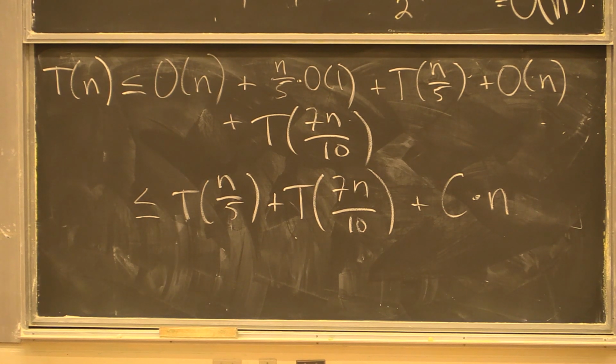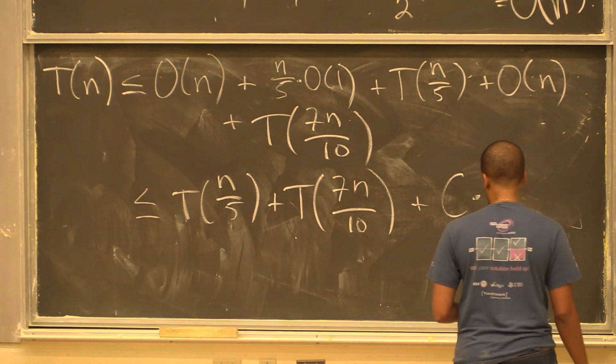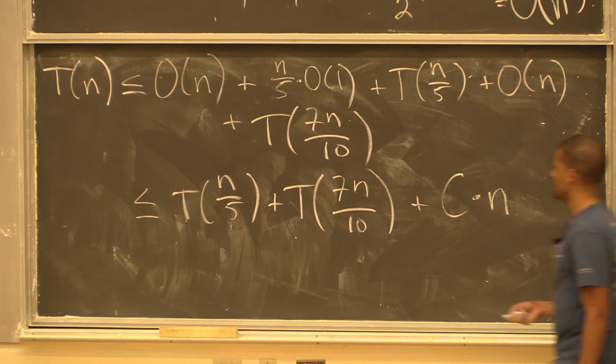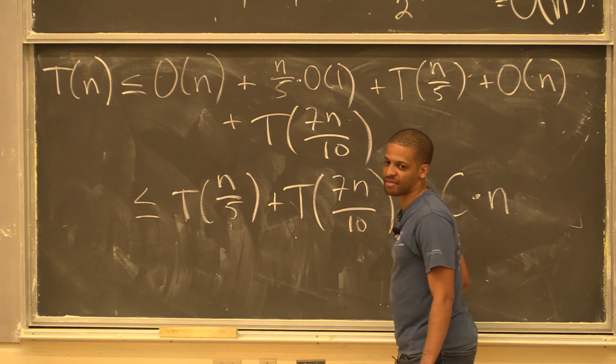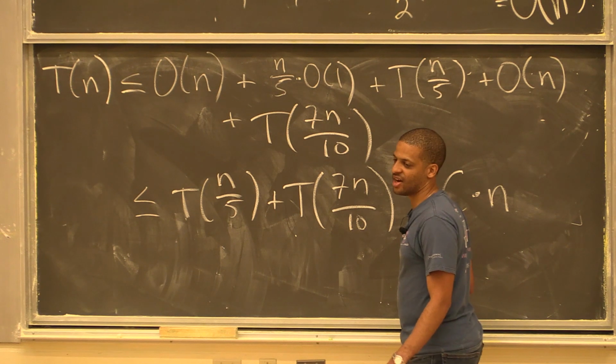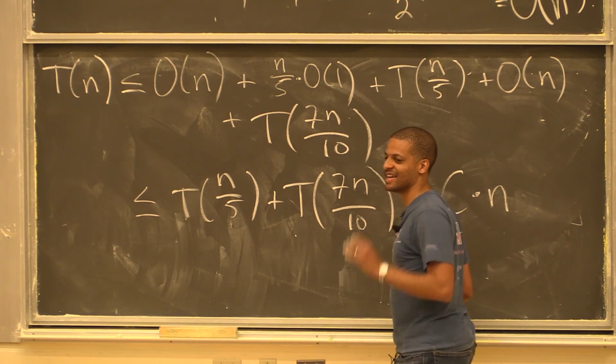But let's just try to solve this in an ad hoc way, by using strong induction. This is one of those guess and check methods. I'll just guess that the answer is linear, and then I'll try to prove it by induction. And if it succeeds, then yay, it's linear.